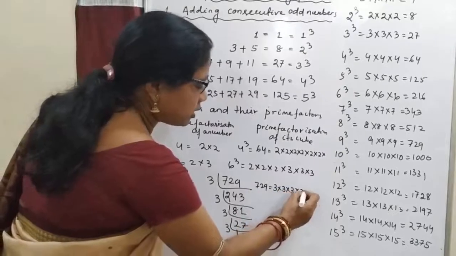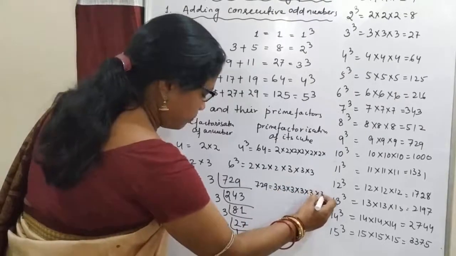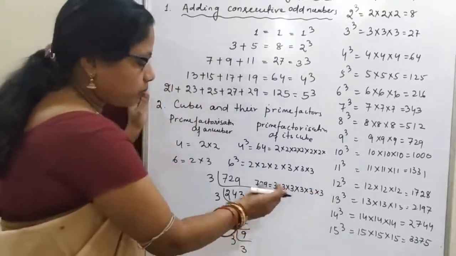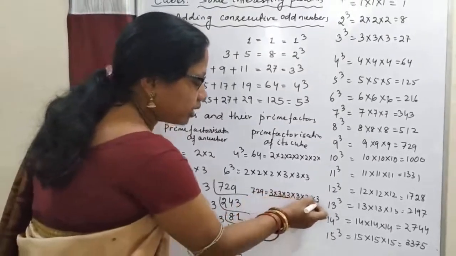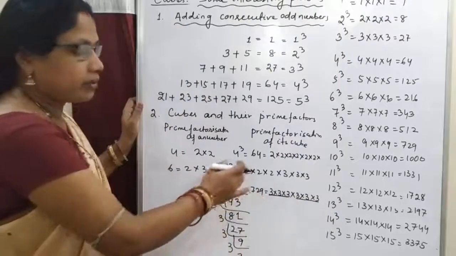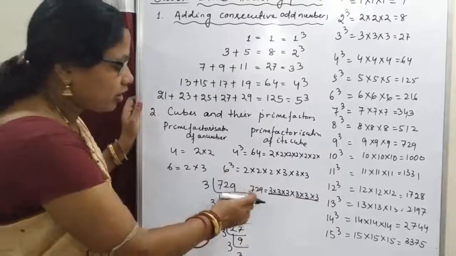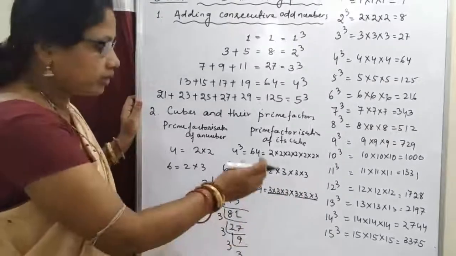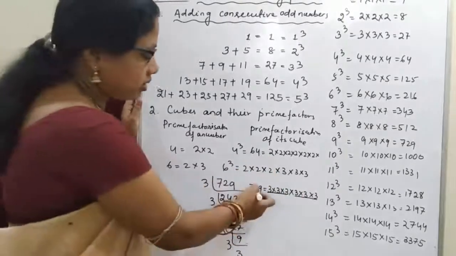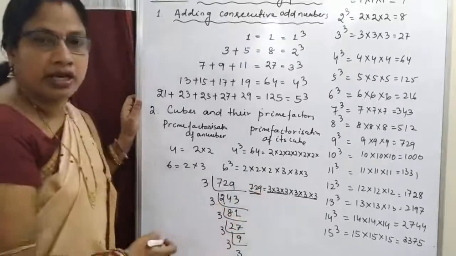How many 3s are there? 6. So if the factors can be grouped into triplets, then it is a perfect cube. Here the factors of 729 are grouped in 3s, so this is a perfect cube. 729 is a perfect cube.